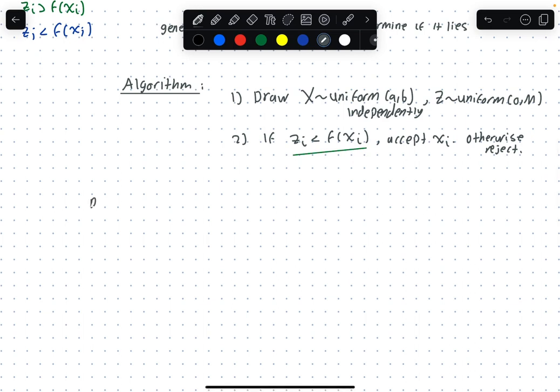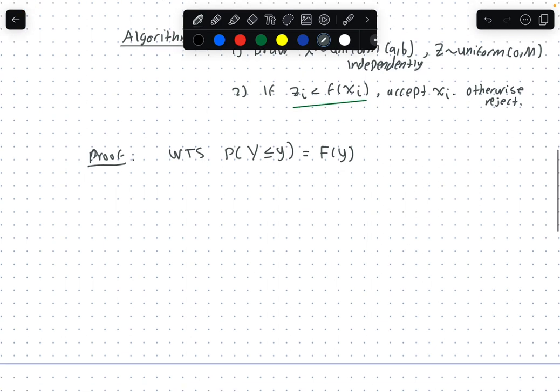Now, if you enjoy more of a rigorous approach, we're going to go ahead and prove this result. Essentially what we want to show is that the probability that y is less than or equal to a particular value is equal to the CDF of y. If we can show that, then we have proven the result.